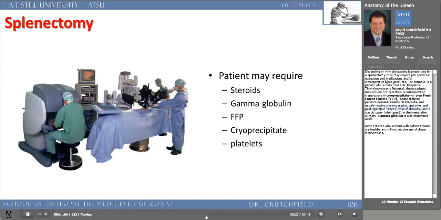Some of these patients have presented on steroids and usually receive a preoperative stress dose of steroids as well as a postoperative steroid taper. Gamma globulin is also sometimes used. Most patients who present with a splenic trauma are healthy and will not require any of these.